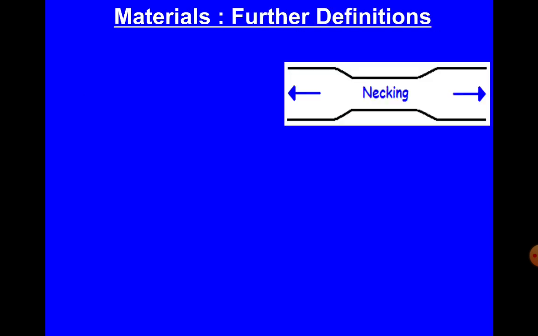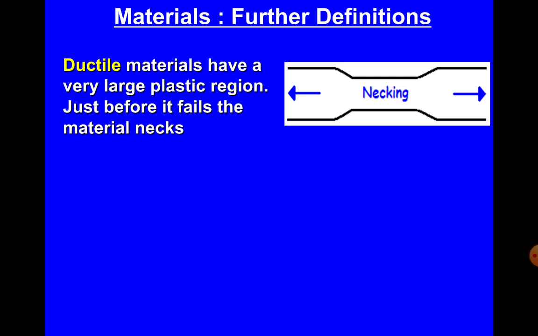Going back to some definitions that we have described, because we're going to use them again. Ductile materials have a large plastic region just before they fail, and the material is going to neck. That means that the cross-sectional area is going to decrease. Okay.